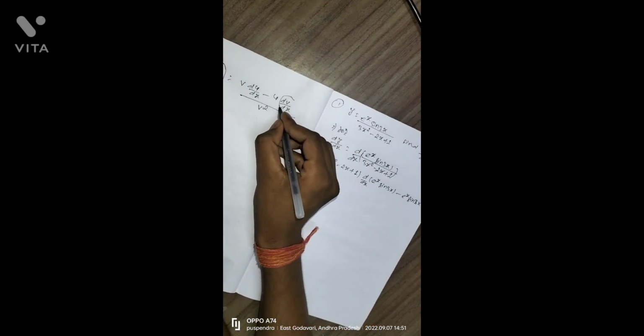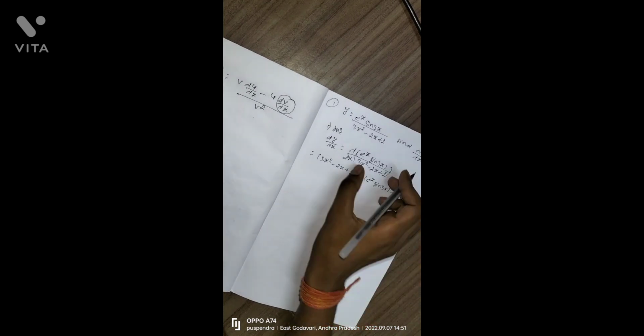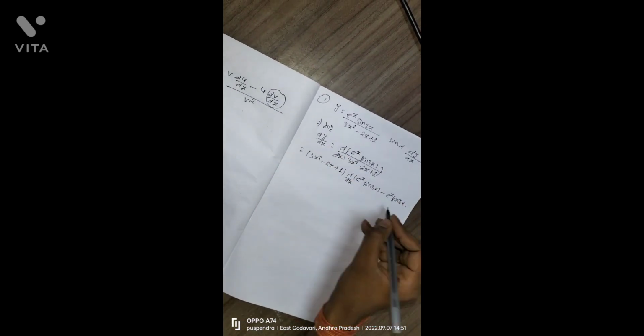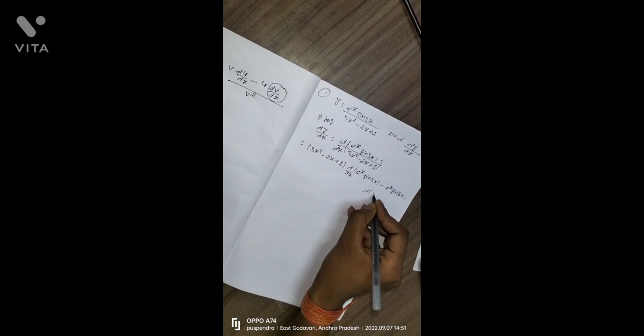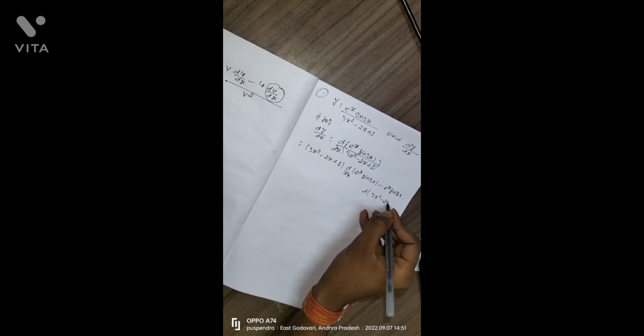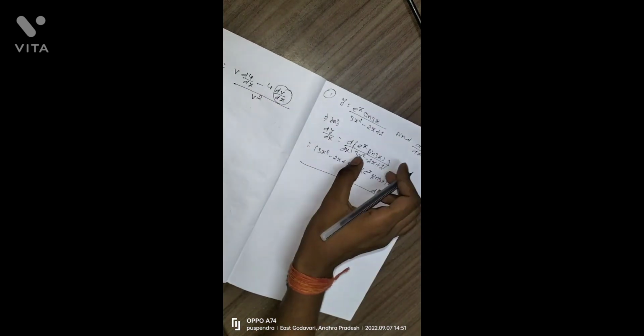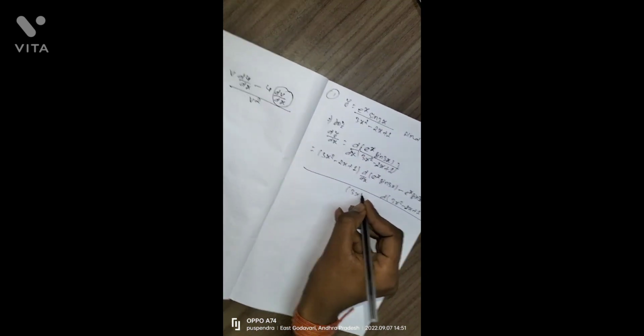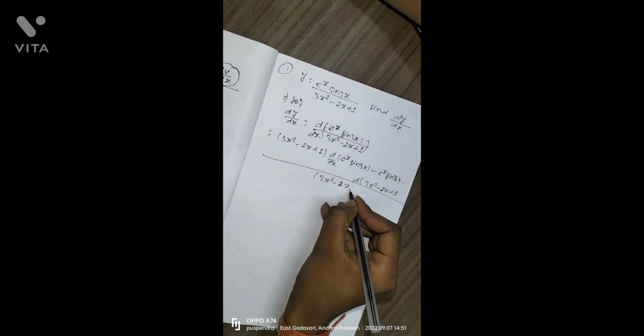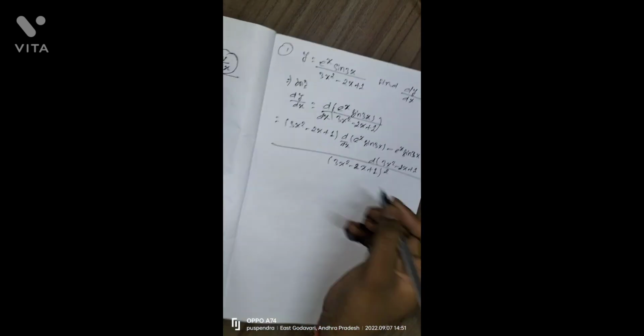Now upon again there is dv by dx. v is our lower term, so I'll write here d of 3x square minus 2x plus 1, by v square. v square means 3x square minus 2x plus 1 of whole square.